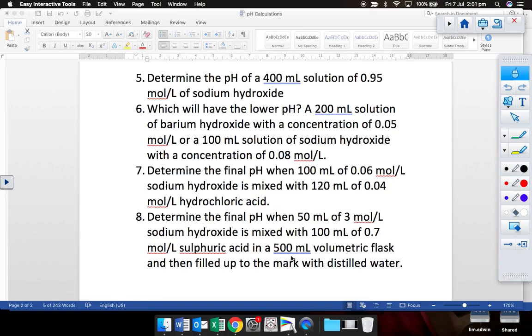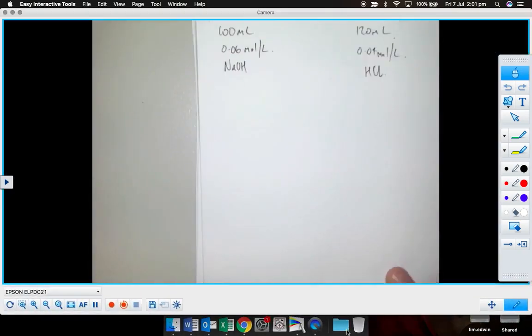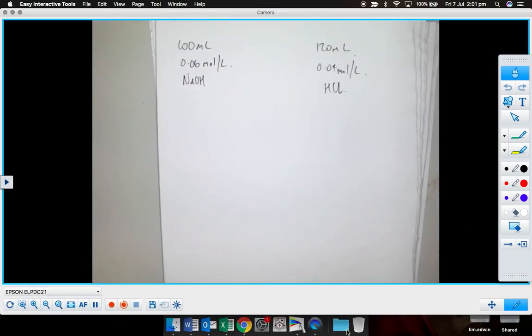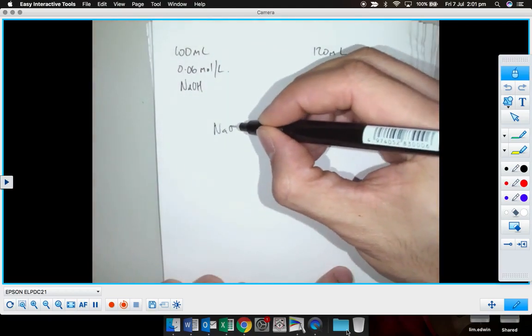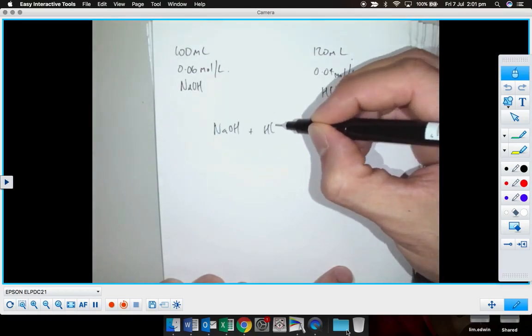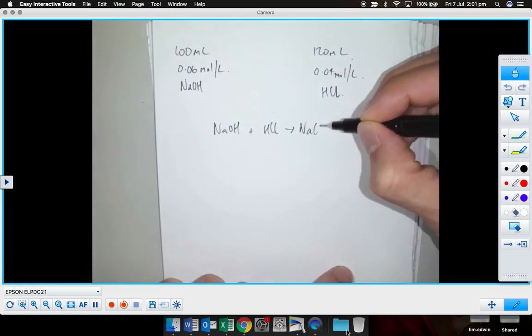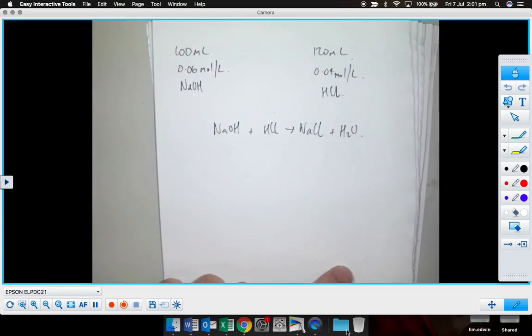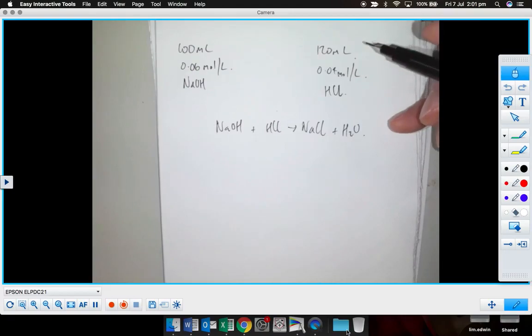Okay, so a couple of things you need to remember. You need to know the general equation for this. The NaOH and the HCl is going to make the NaCl plus H2O. Alright, and so this is effectively a limiting reagent question plus an excess question. Alright, so let's start working through.